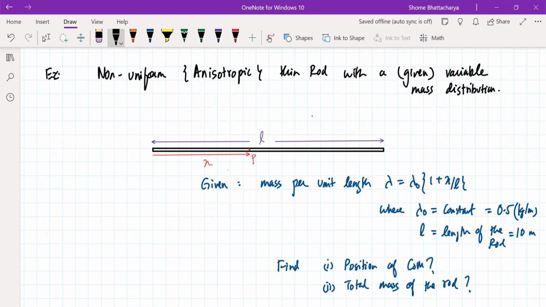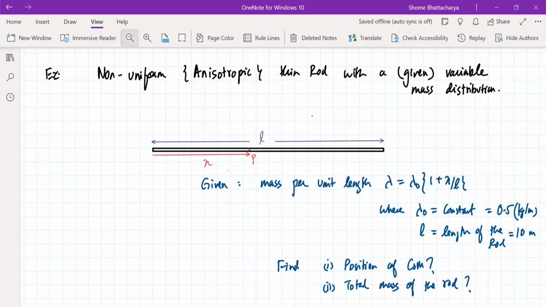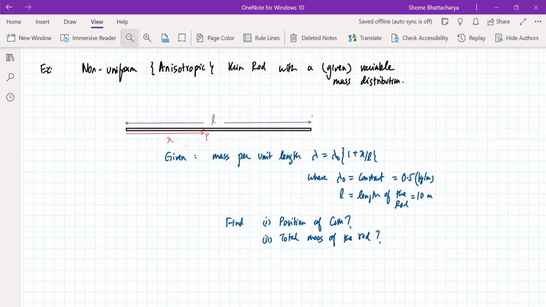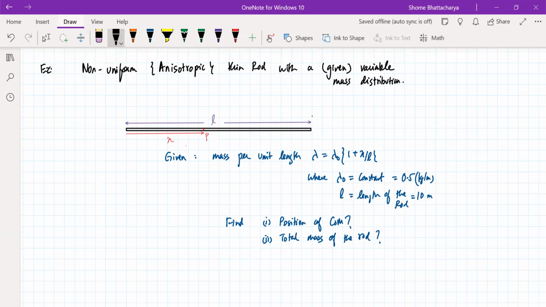So this is a typical example of the application of integration with a length element dl. So we'll slice this rod, mentally we'll slice it into small length elements, which are individual particles of mass dm, and we'll carry out this integration for finding the center of mass position by taking dm as lambda dl, or in this case lambda dx.